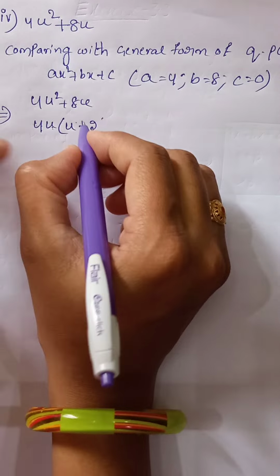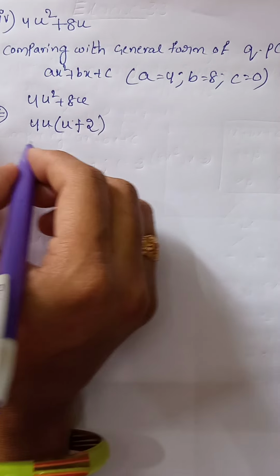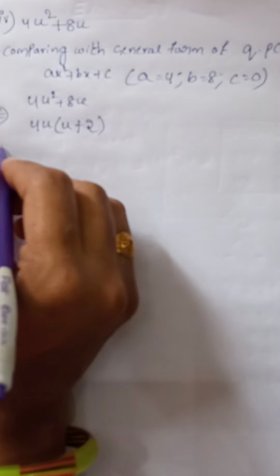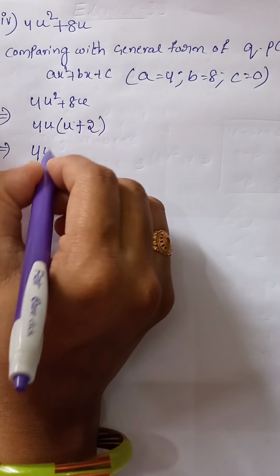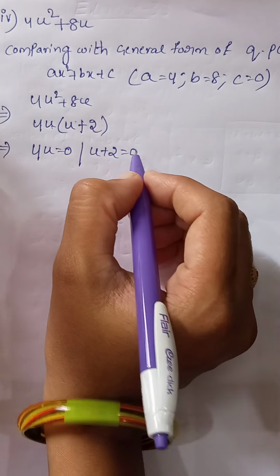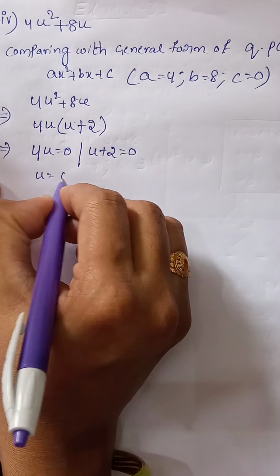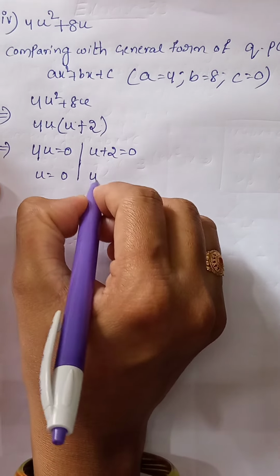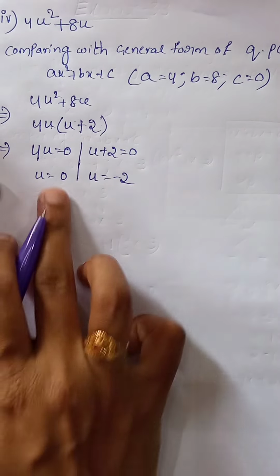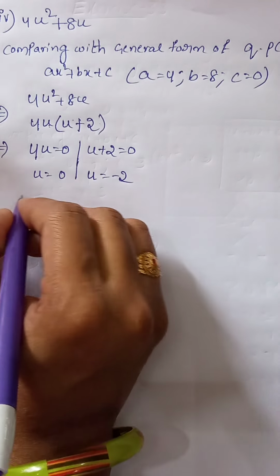Okay, we have left with only 2. u plus 2. So to find the zeros, equate these two equal to 0. 4u equal to 0 and u plus 2 is also equal to 0. u equal to 0 by 4 equal to 0 and u equal to minus 2.